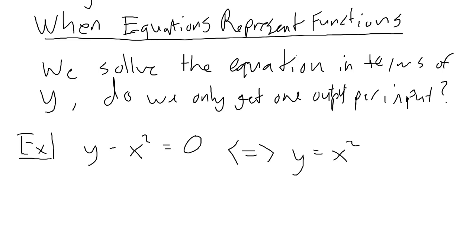So, I mean, this particular equation we already know does represent a function. Its graph looks like this. And definitely if you plug in any x, you just get back its square, which is a unique number. So this one definitely passes as a function.